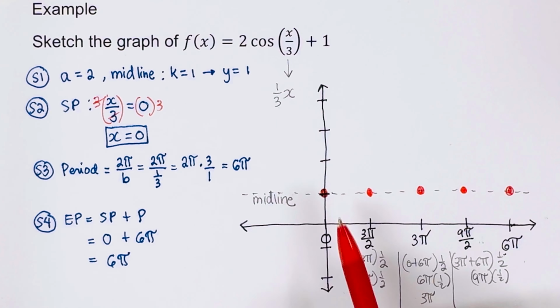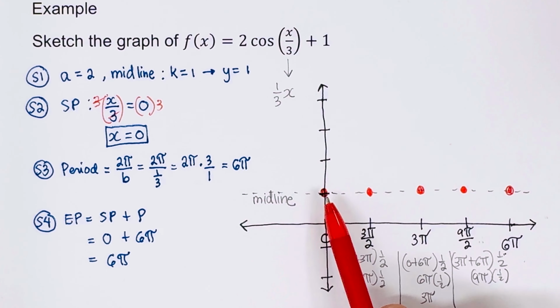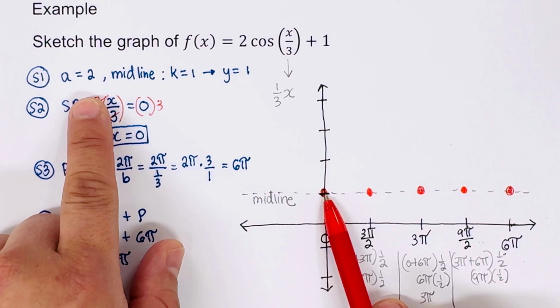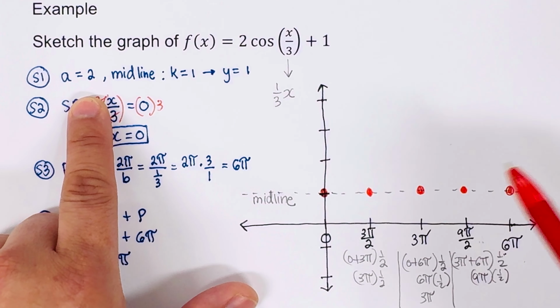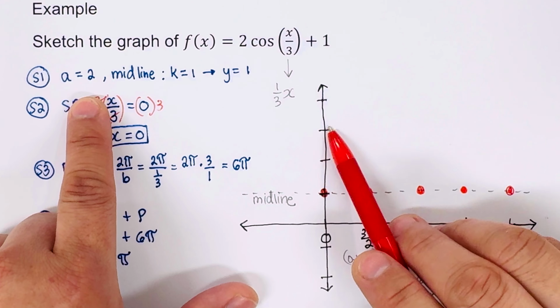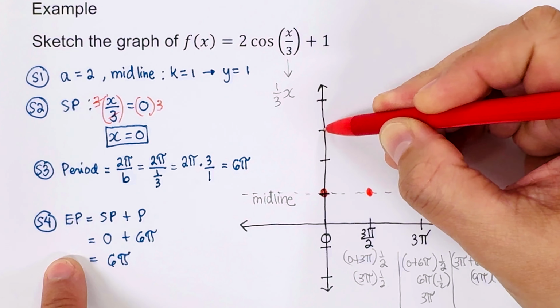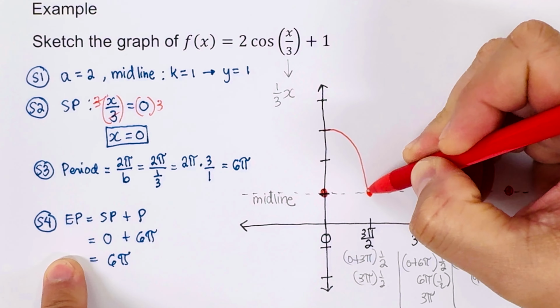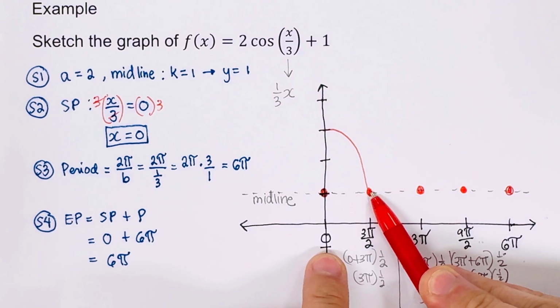Since we have a positive cosine, we are going to start with an amplitude of 2. That means we go up 2 and down 2. So this would be 1, 2. This is where we start. Since this is cosine, it's going to go down here. So that's an amplitude of 2, and then the amplitude would be 2 going down.